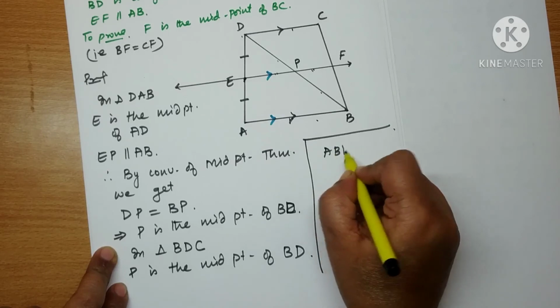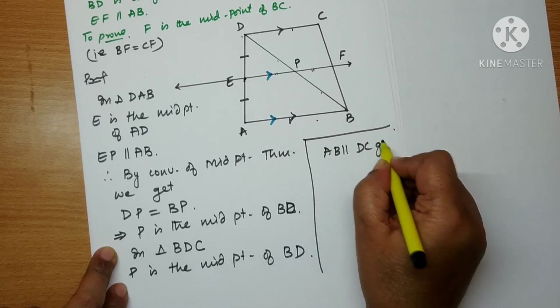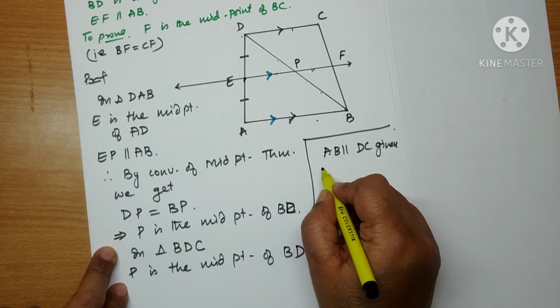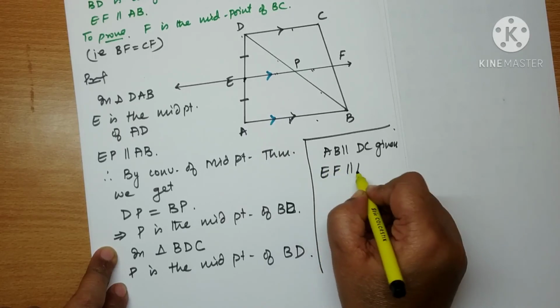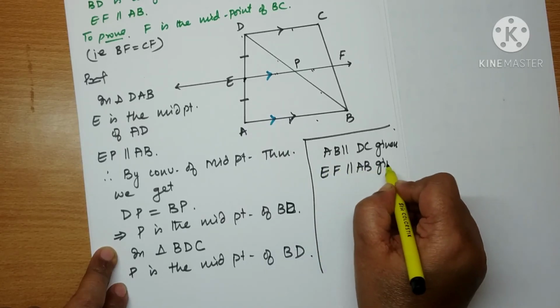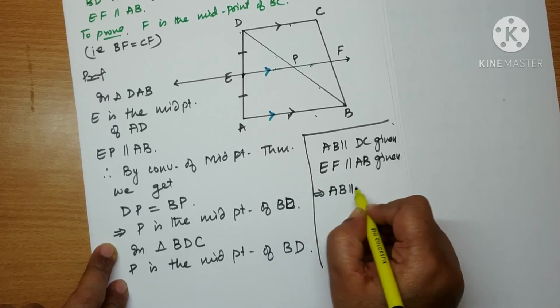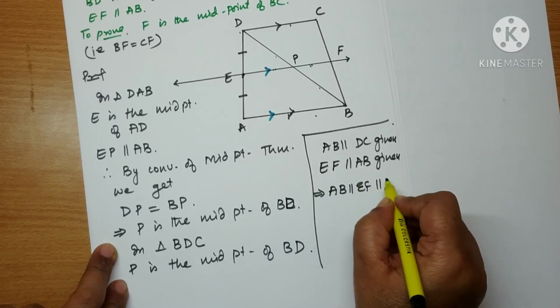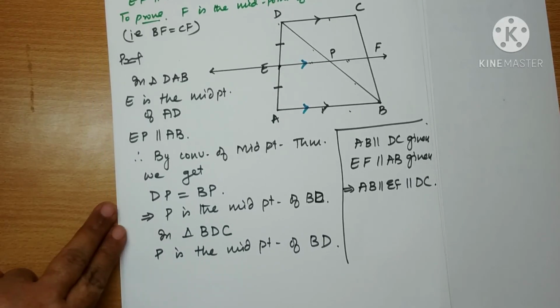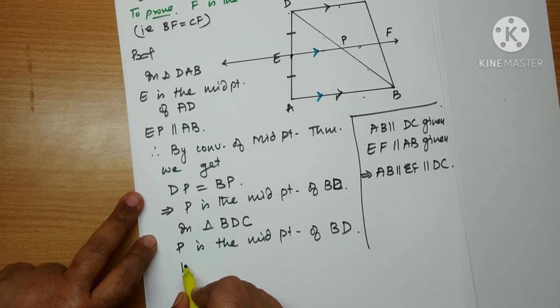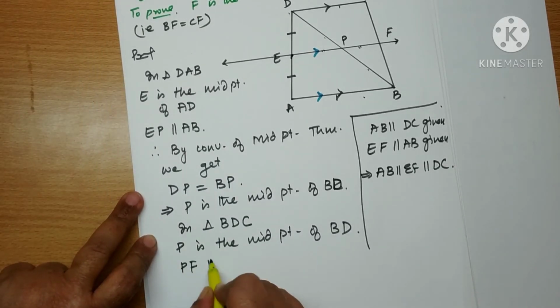AB parallel to DC, given, and I have EF parallel to AB, also given. So this implies all three are parallel. AB is parallel to EF is parallel to DC, right? So now we have PF is parallel to DC.